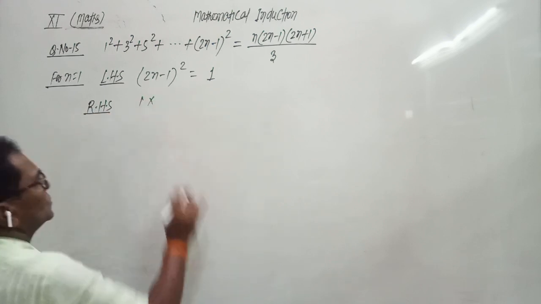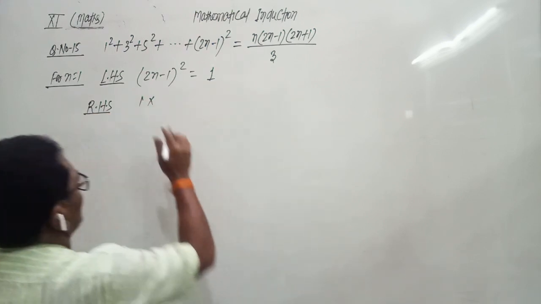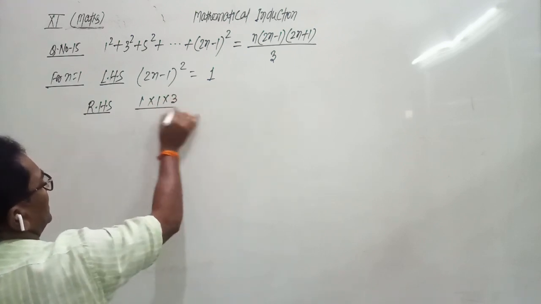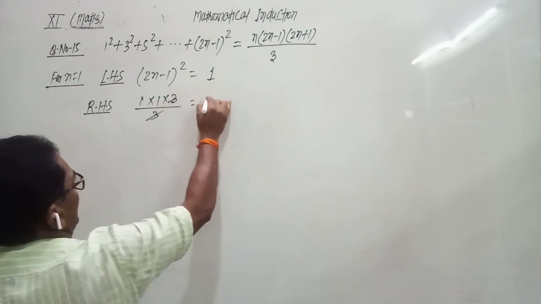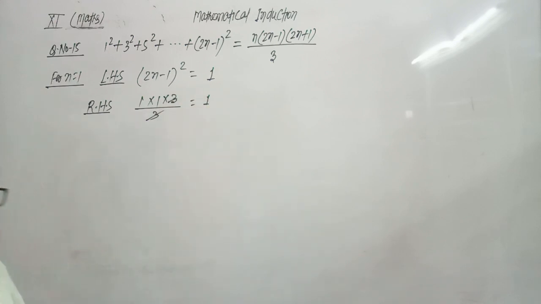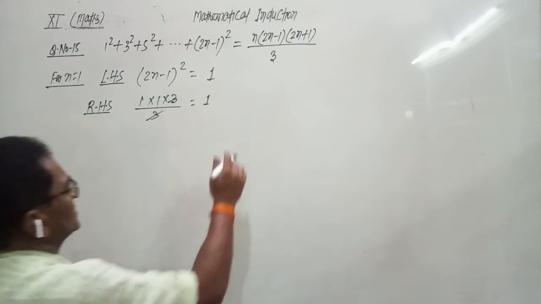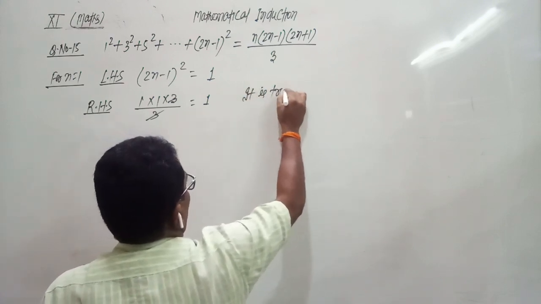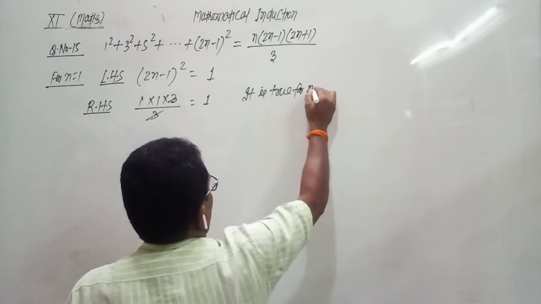So 1 into 2 minus 1, 1 into 2 into 1 plus 1, that is 3 upon 3. And it comes to be 1. So it is true for n equals 1.